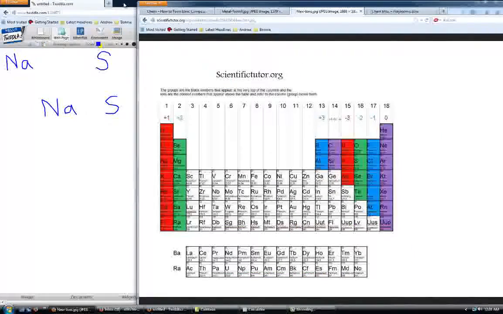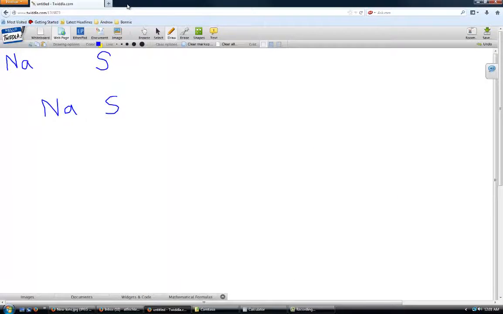If you look at a periodic table based on the ions, then Na is +1 and S is -2, or 2 minus. So we're going to write that down on the paper. Na is +1, S is 2 minus.